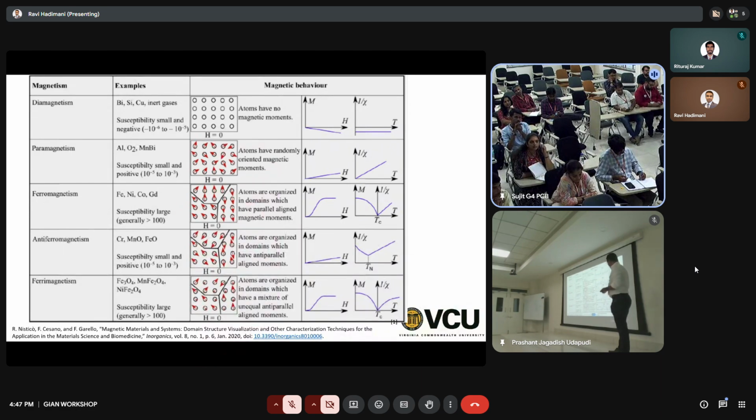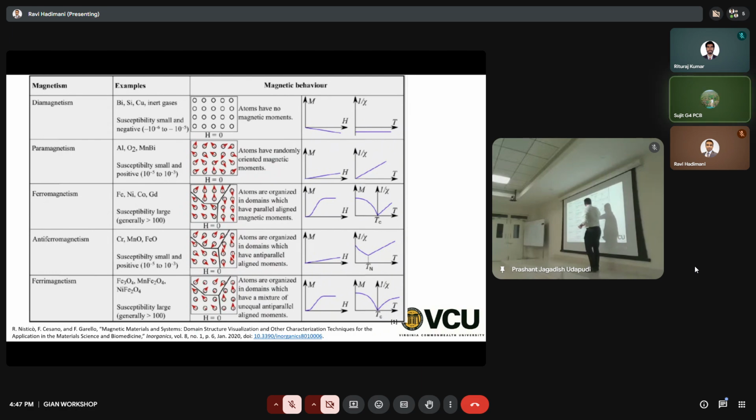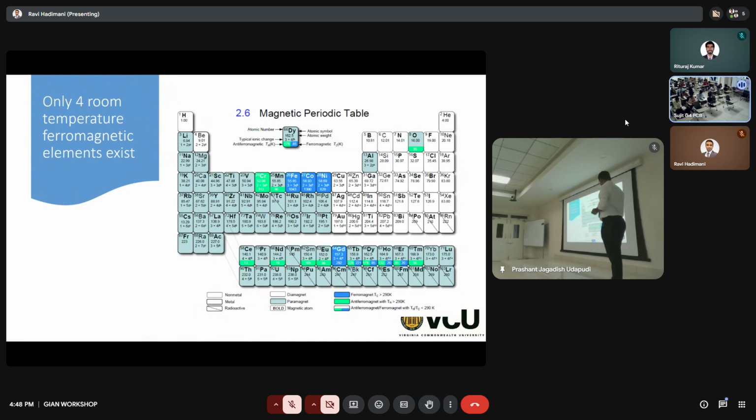Then there is ferromagnet, which you should always consider, right? Because it has the highest permeability, highest saturation magnetization, and you need to apply only a small field to make them highly magnetic.